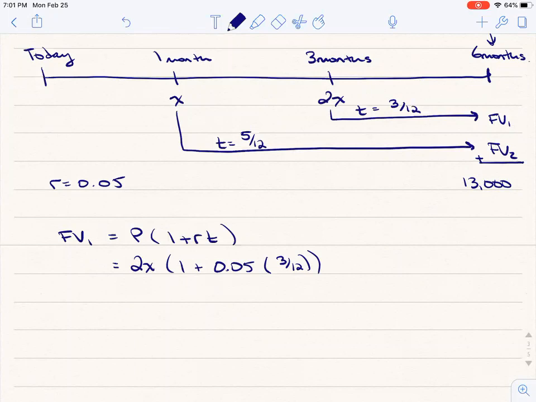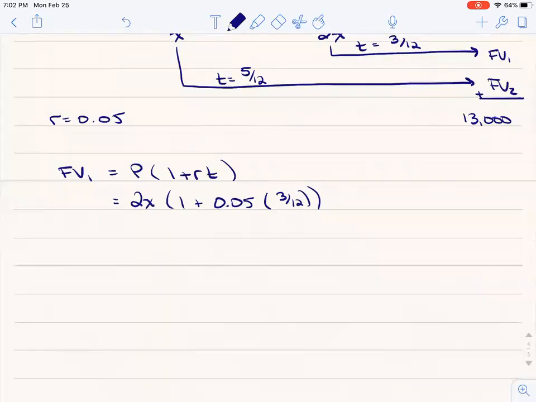So 3 divided by 12, times 0.05, plus 1, and then multiply that by 2. I get 2.025x. That's future value 1.